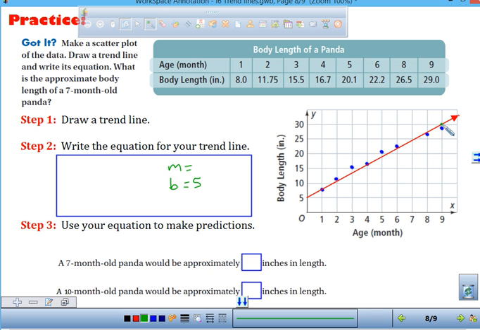I'm going to use 9 and 30 because it's more towards the end. And then which one should I use that I know? My y-intercept, right? 0 and 5. One at the beginning, one at the end if you can, of your line. So now I have 0, 5, and I have 9 and 30.